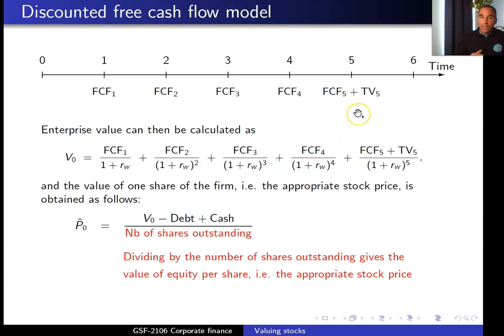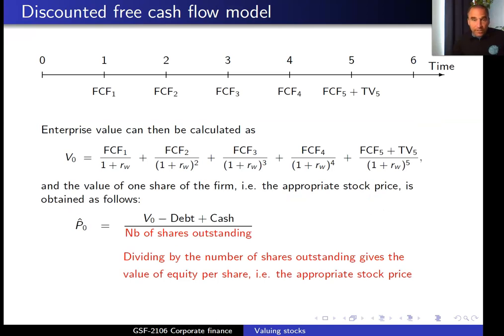You will realize from the example we will go over later that over 5 years, the terminal value has a huge impact on the enterprise value. By doing the exercise over more than 5 years, like over 10 years, this reduces the impact of the terminal value on the total valuation of the firm.